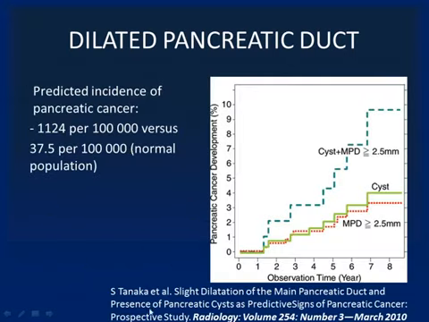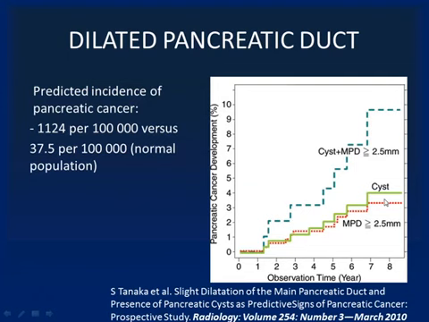But the important thing coming from this paper is that by monitoring this group of patients for a long period of time, they demonstrated that there is an increased risk of developing pancreatic cancer in patients with dilation of the main pancreatic duct greater than 2.5 millimeters measured at ultrasound.